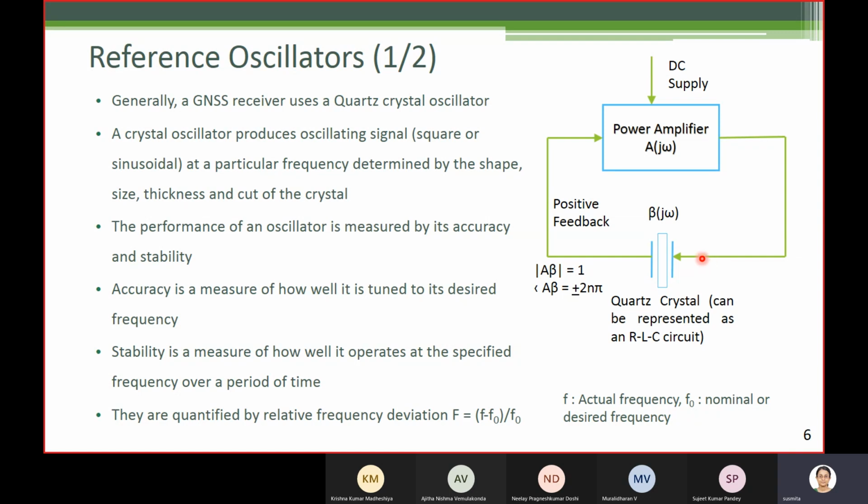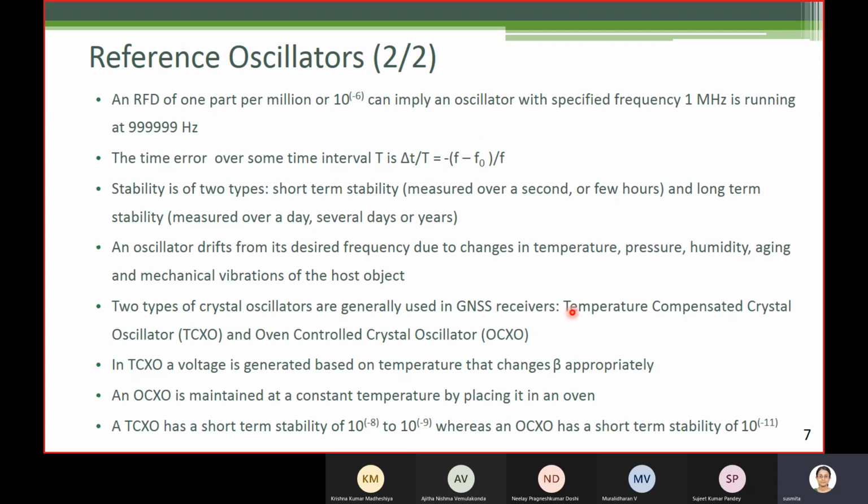So by applying this correction voltage suitably, it is possible to change beta back to its original value, and the resonant or desired frequency can also be restored to its previous value. But this can work well only within a narrow range of temperature change. It cannot accommodate a wide variation in temperature.